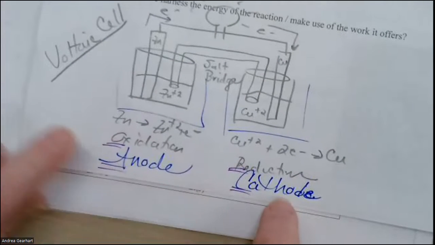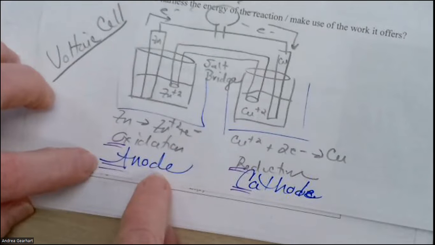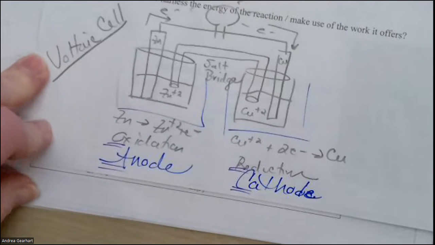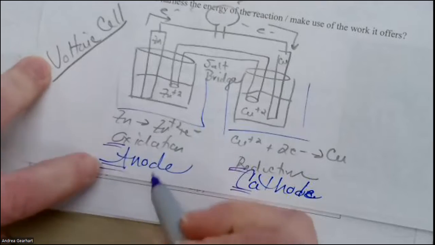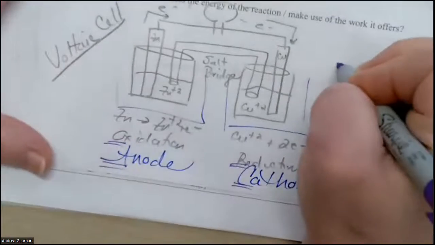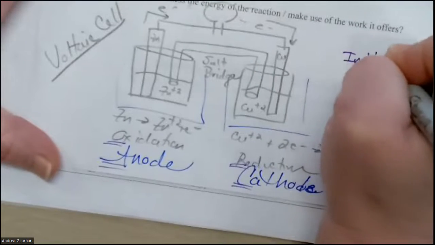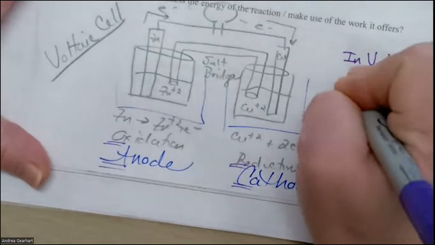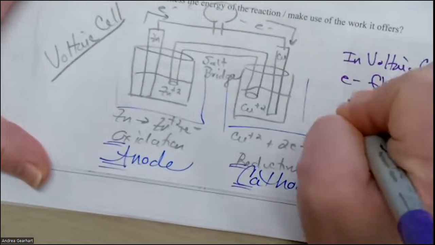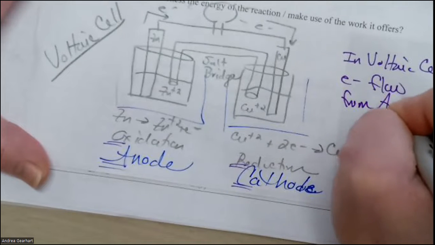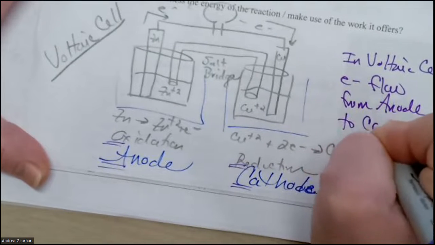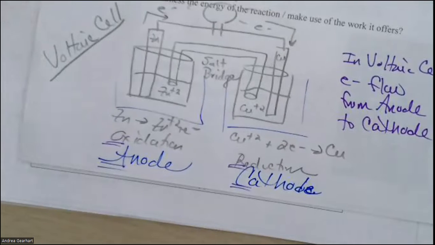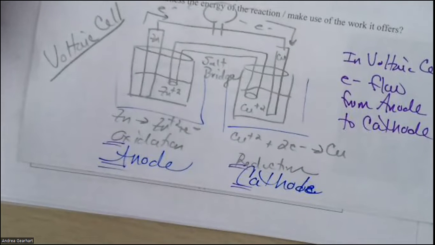So the reduction occurs at the cathode, the oxidation at the anode. In a voltaic cell, electrons will always flow from the anode to the cathode.